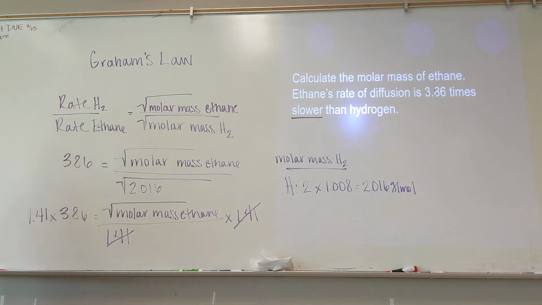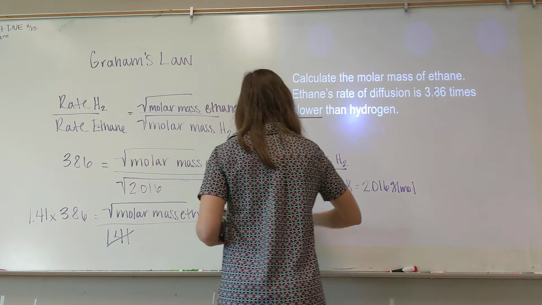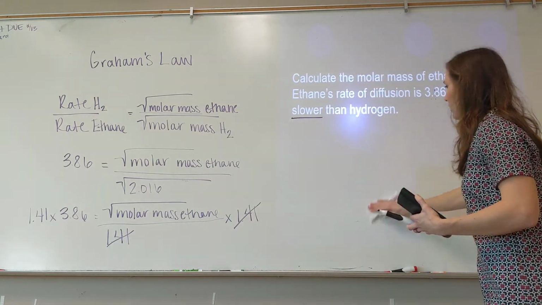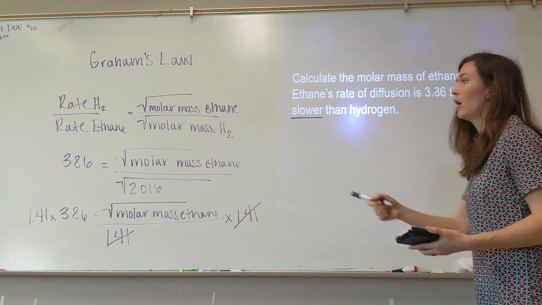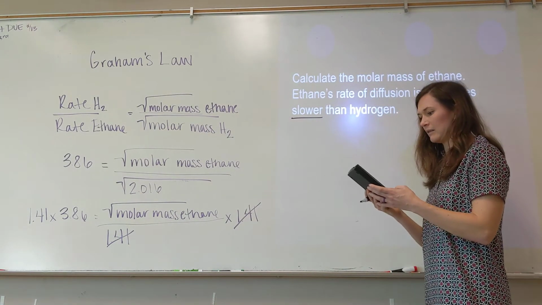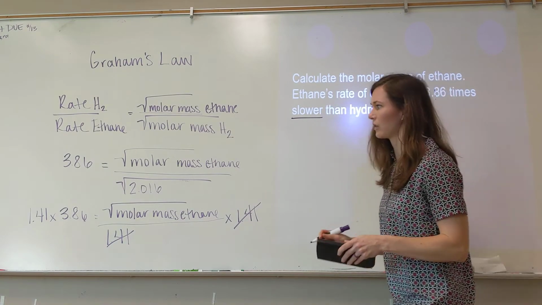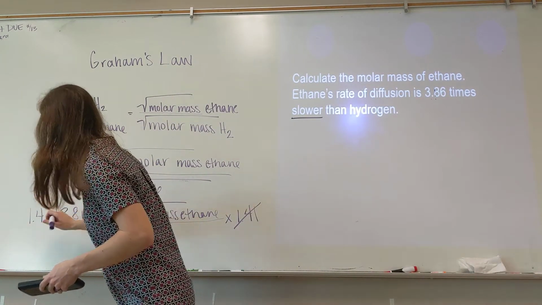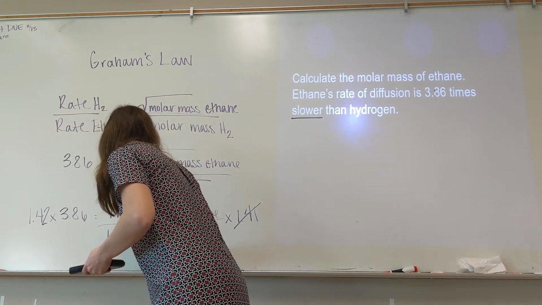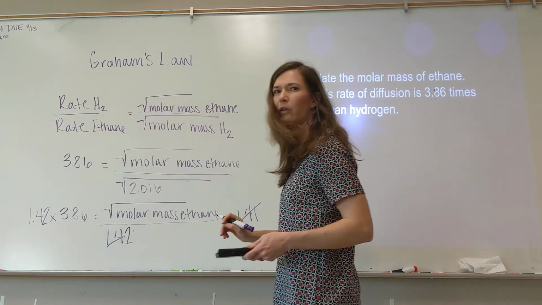All right. Now I'm going to erase this so I have a little bit more room. All right. When I multiply my 1.41 by 3.86, and actually I just looked at my calculator, that should be 1.42 when I round. So it was 1.419.